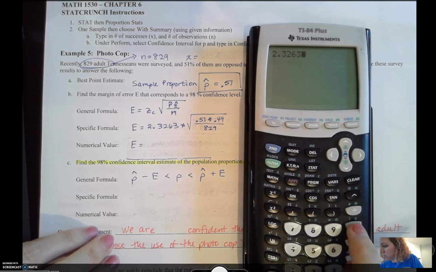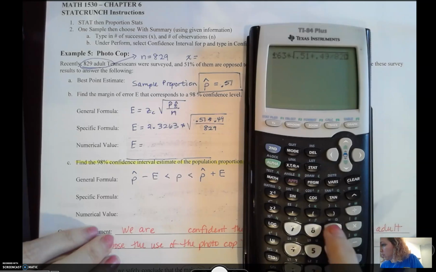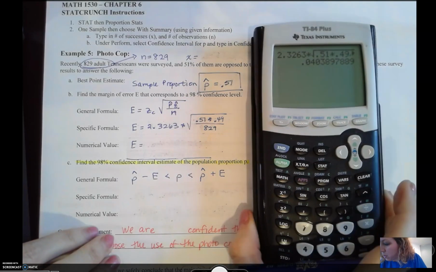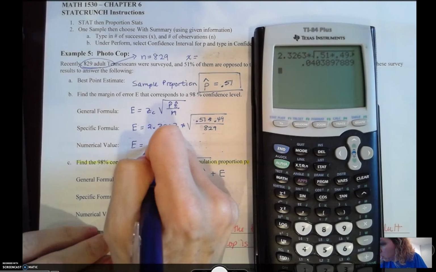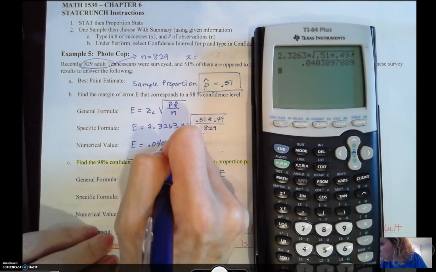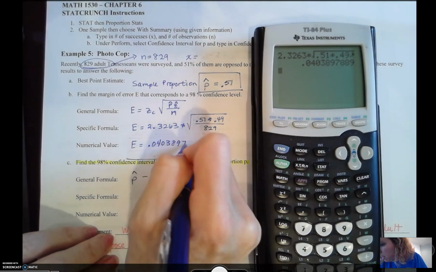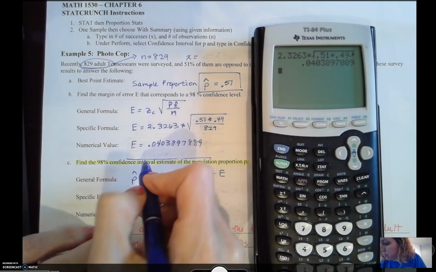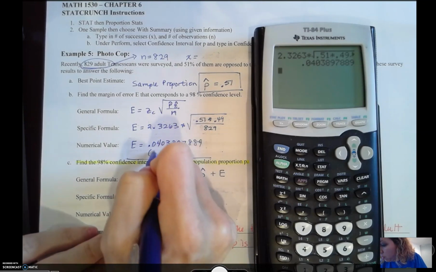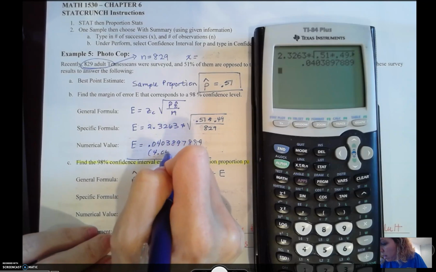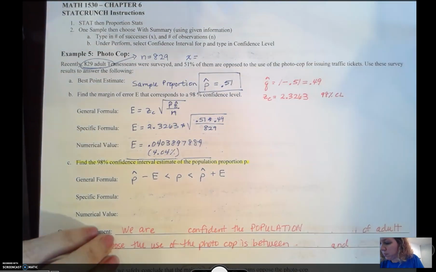There we go. Write all the decimal spots down: 0.04038978889, which is approximately 4.04%. So we have in mind what it is.